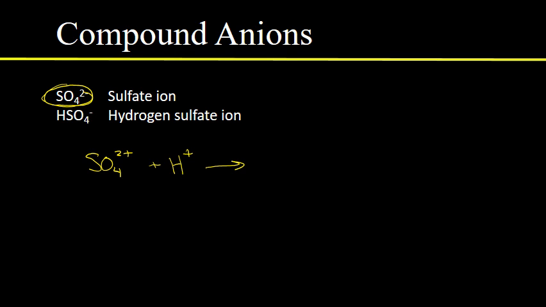So if we add a hydrogen to a sulfate, we get a new formula that looks like that. And we combine these charges. The sulfate was a -2, the hydrogen is a +1, so the charge on this new ion here is going to be -1, right? It's just the sum of those two.